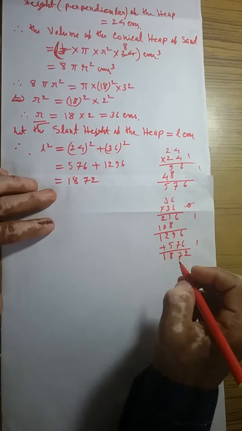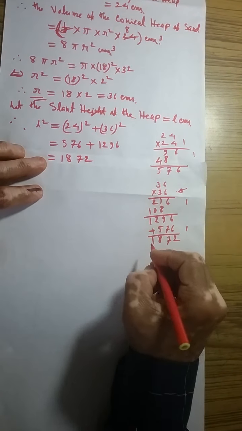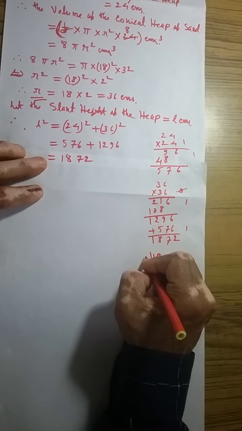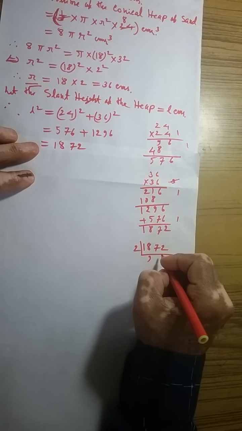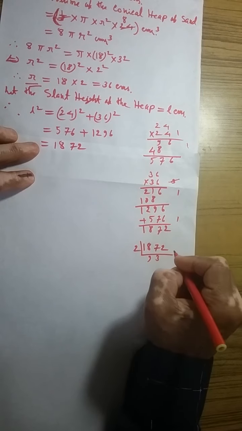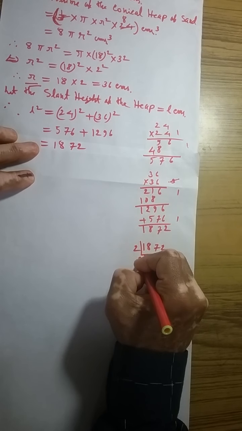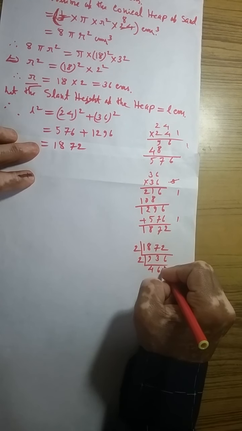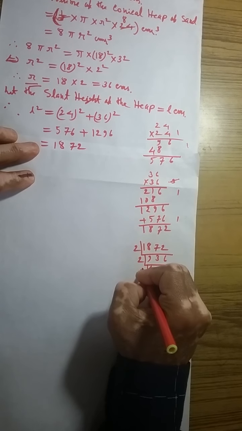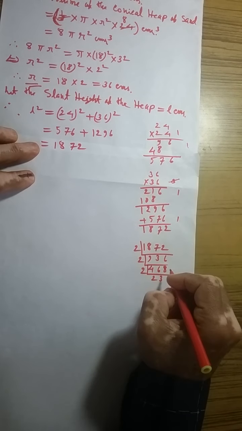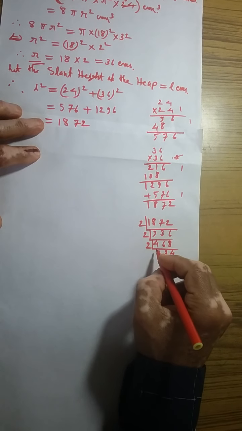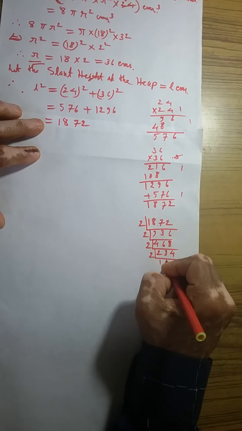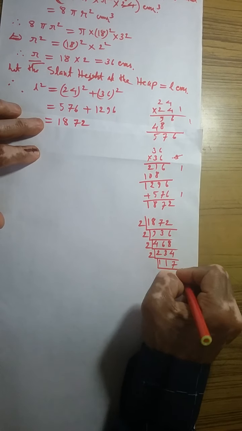1872. Now if we try to find the prime factors of 1872, we will get: divide by 2 repeatedly, 936, 468, 234, 117.